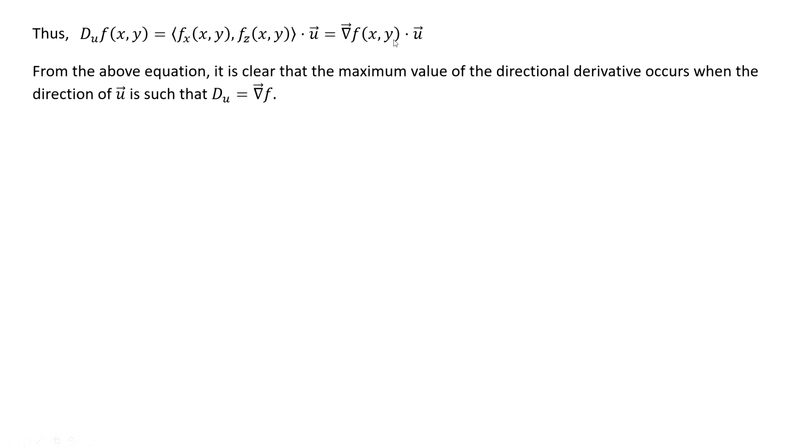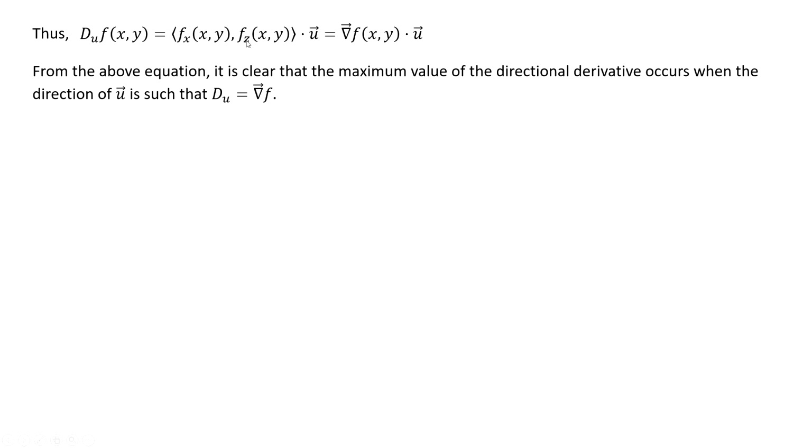Well, that is because we are taking a dot product with u. Right? So as u changes, would you agree that the dot product starts to change? Del f is fixed. The moment you know the particular function f, you figure out f sub x at that point and f sub y at that point.